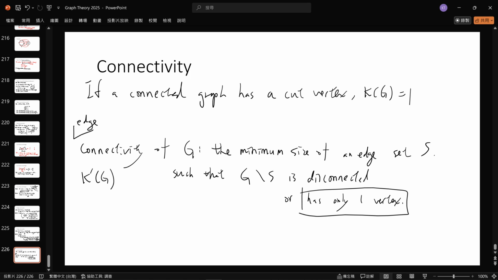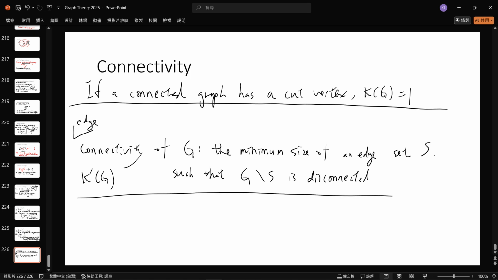The only difference is that this time we remove an edge set instead of a vertex set. So when we discuss edge connectivity, if we have a bridge, then the edge connectivity is 1, because you can just remove the bridge to disconnect the graph.